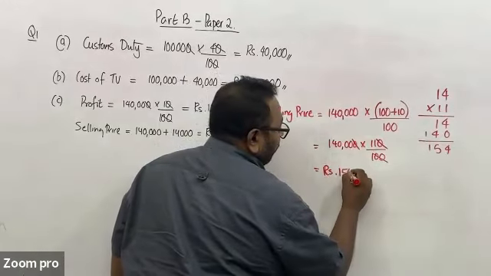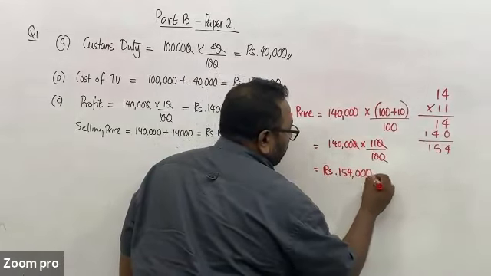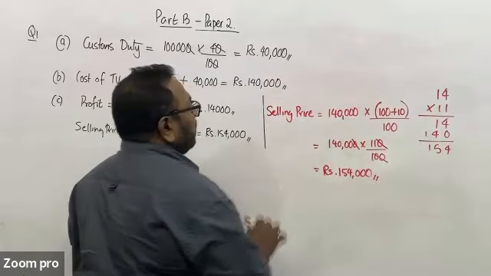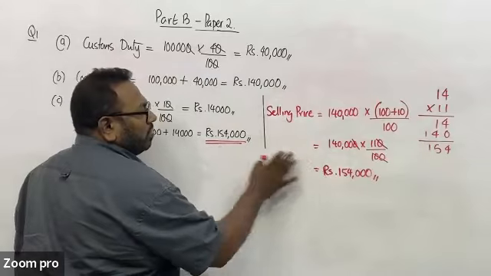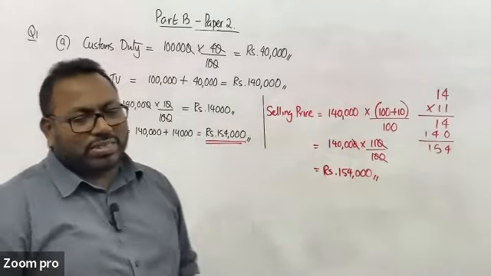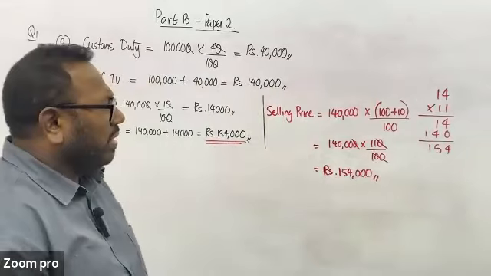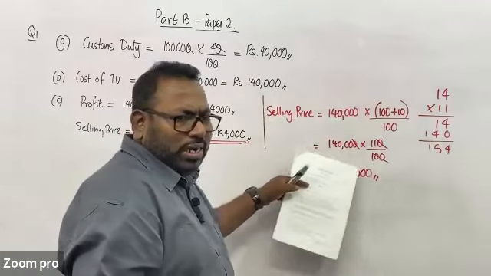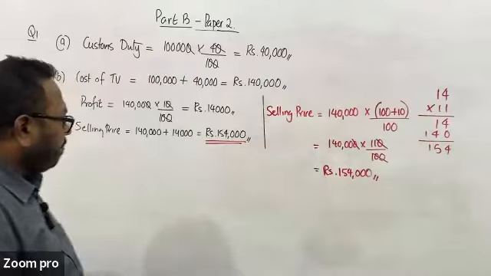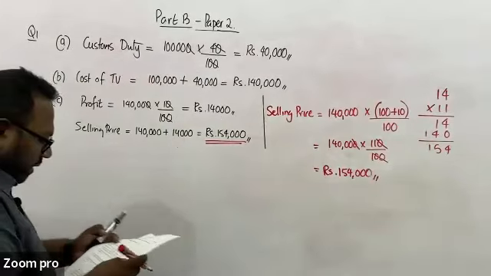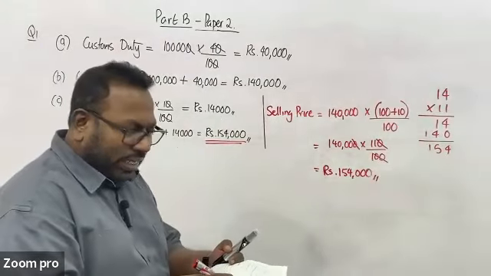So 154,000 is going to be your selling price. Same answer. You can do it in this way or in this way. Learn to slowly start to do it this way. Okay. Right. That is question number 3.